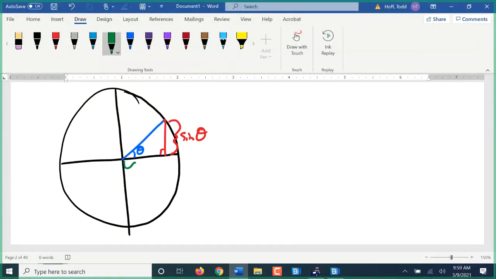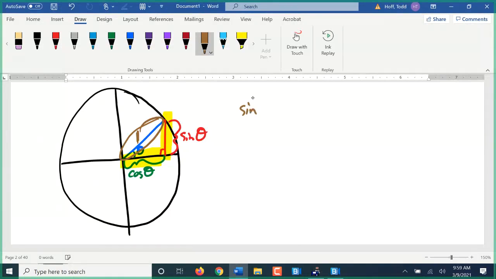This distance, we said, was the cosine of that angle. Well, that forms a right triangle where the legs are the cosine and the sine. And of course, the hypotenuse here is the radius of the circle. That always has a value of 1 because it's a unit circle.